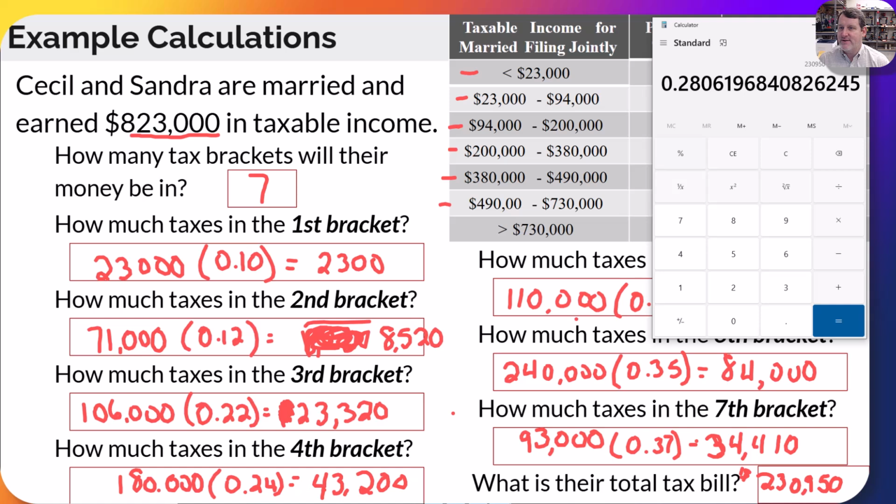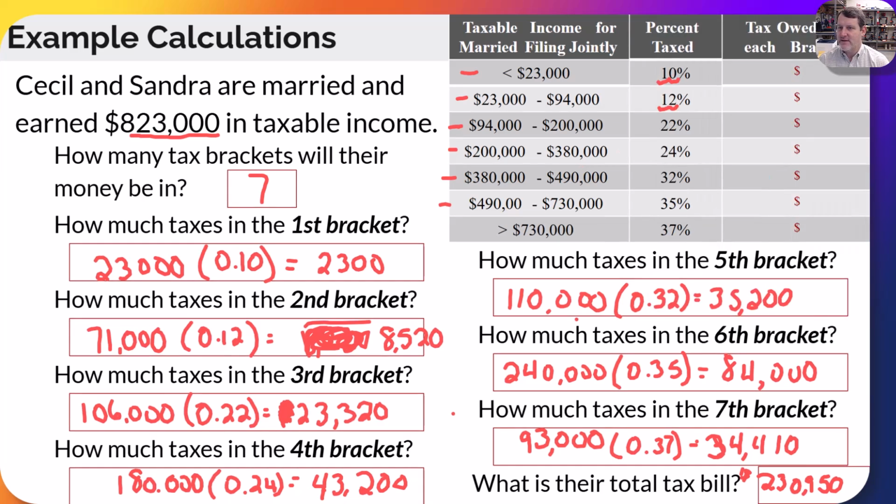It's 0.28, so they pay a 28% tax on their income, and that's what's called their effective tax rate. And you can see that somewhere here in the middle-ish, and that's because they're paying in all of these brackets. So these lower percents drag that down from 37 down to 28% overall is what they're paying. All right, so far so good. We've got that figured out.